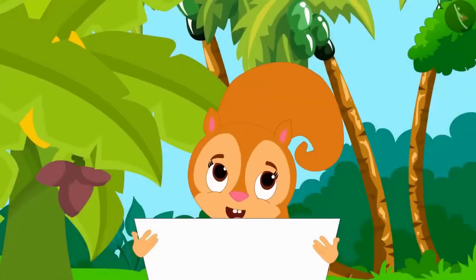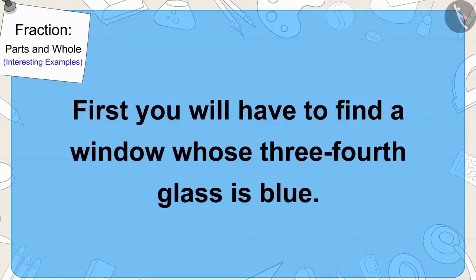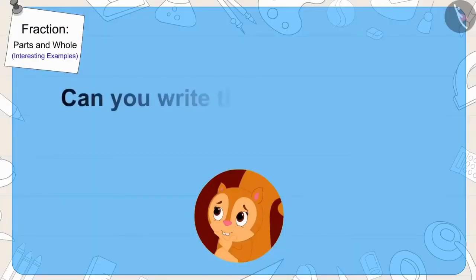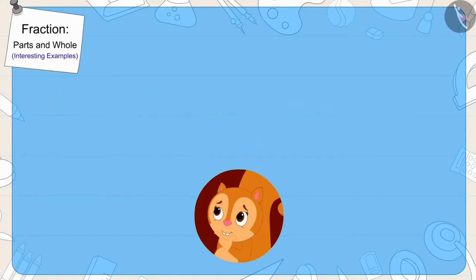Chanda got excited. She quickly read the letter further. It was written in it that first Chanda will have to find a window whose 3/4 glass is blue. Children, can you write 3/4 as a fraction?